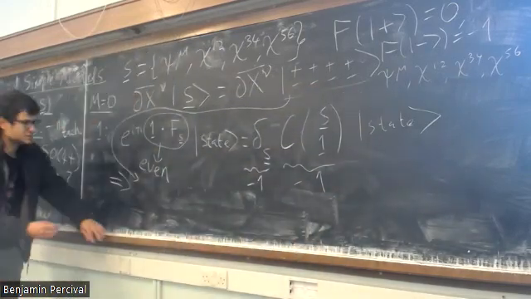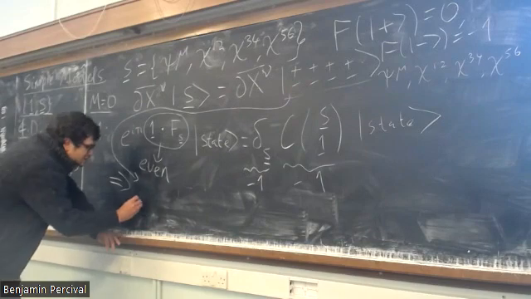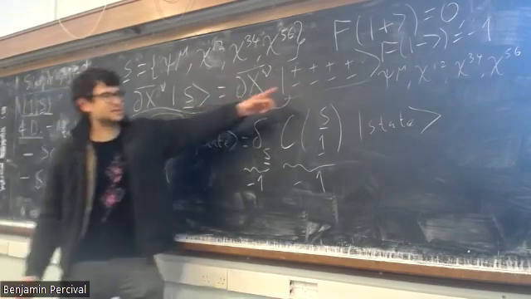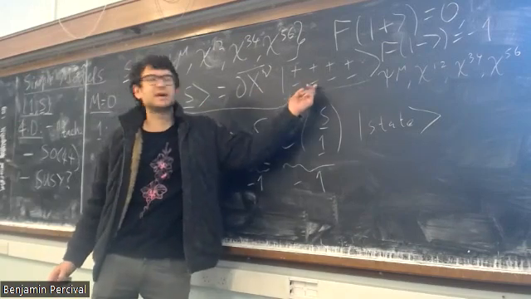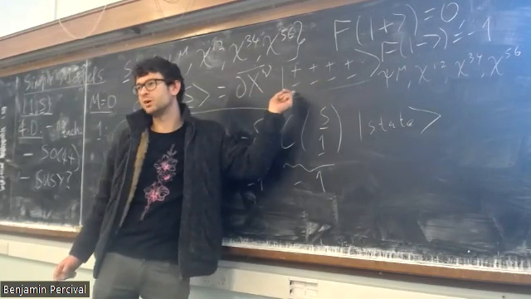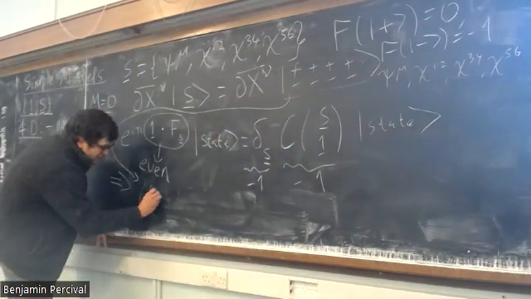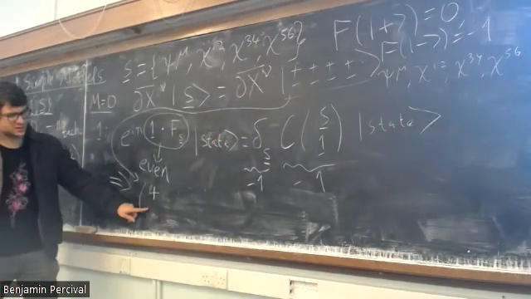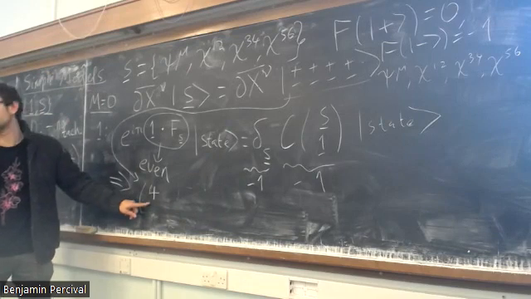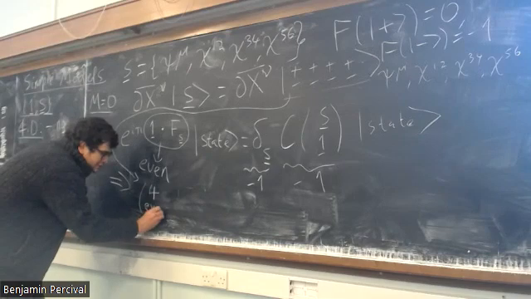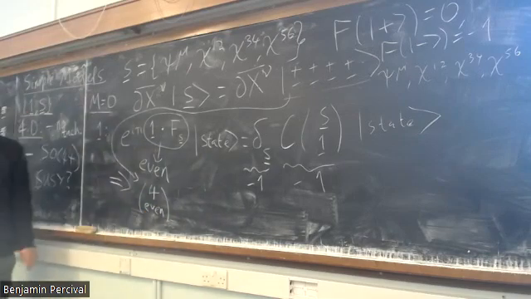So the notation we write is the number of Ramond fermions we have in the vacuum up here, and then the number of them that have to be minus down here. So we have 4, or we could write this as 4 even.